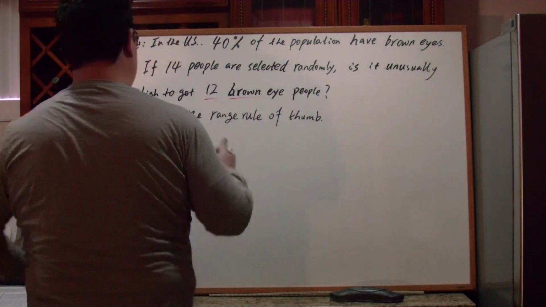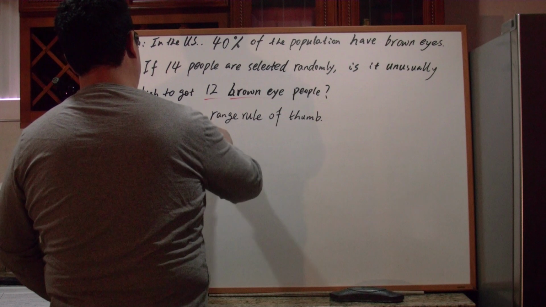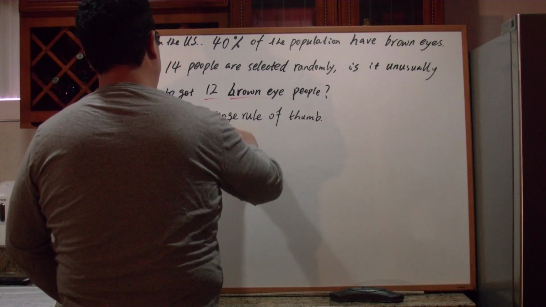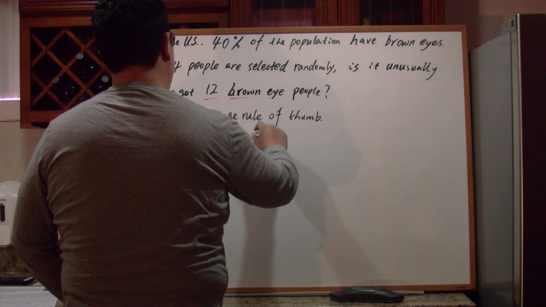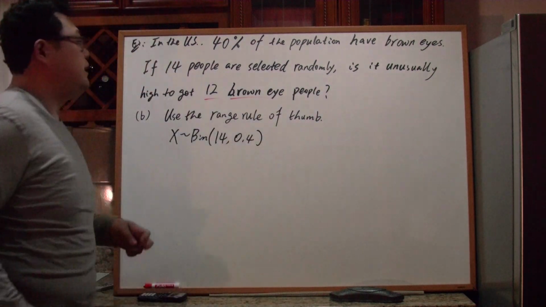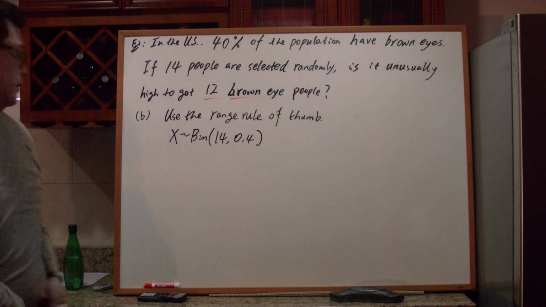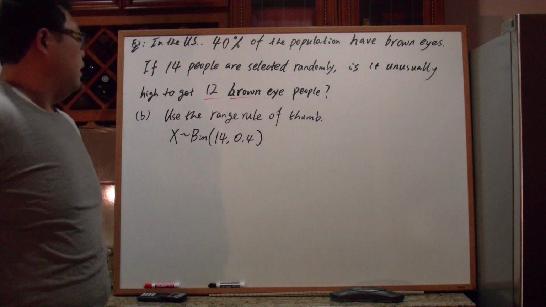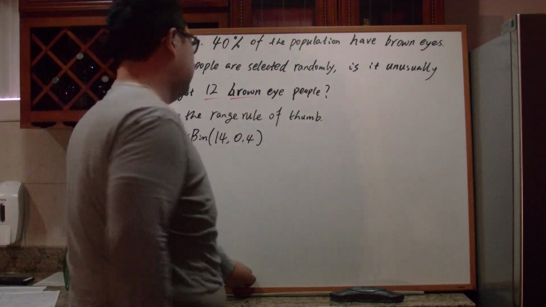So again, X itself is a binomial distribution. 14 trials. Probability of getting brown eyes is 40% for each trial. Therefore, we can find the mean and the standard deviation.